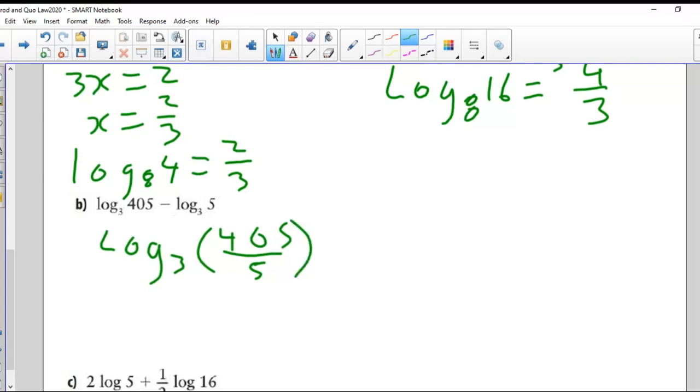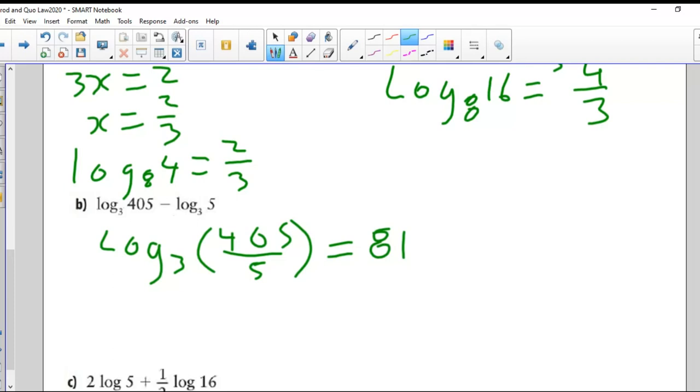I think that's 81. Yeah, 81. That's mental math there for you folks. That's a little lesson for you. I didn't run to my calculator. I just kind of said, we can do this. So it's the log base 3 of 81.